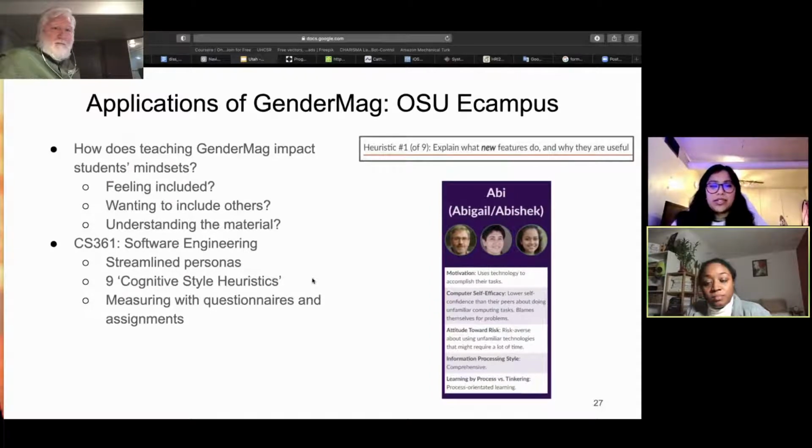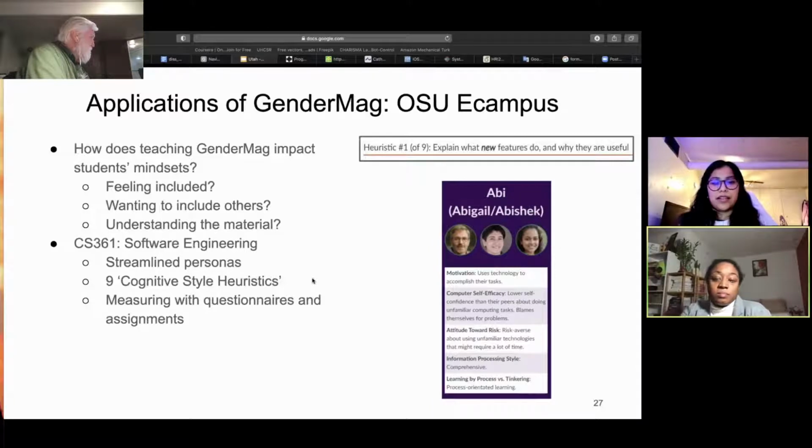To do this, we are teaching GenderMag concepts in the Oregon State University Software Engineering online course, in the Oregon State eCampus. We have a set of streamlined personas, and you can see the Abby persona here on the screen, as well as nine cognitive style heuristics, which are rules of thumb, if you don't know what a heuristic is.